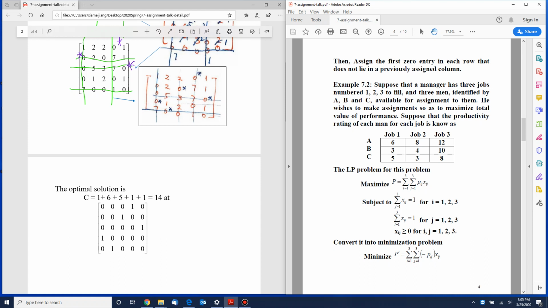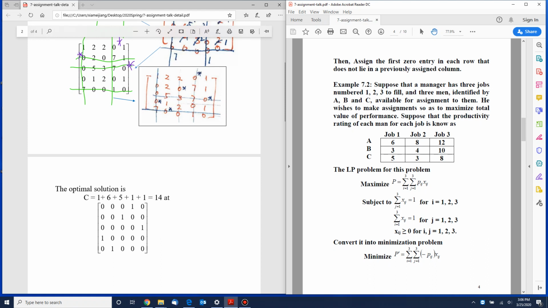Person B: job 1 is 3, job 2 is 4, and job 3 is 10. And person C: job 1 is 5, job 2 is 3, job 3 is 8. So you can see that all of them are very good at job 3. But for job 1 and job 2, some are okay, some are not.